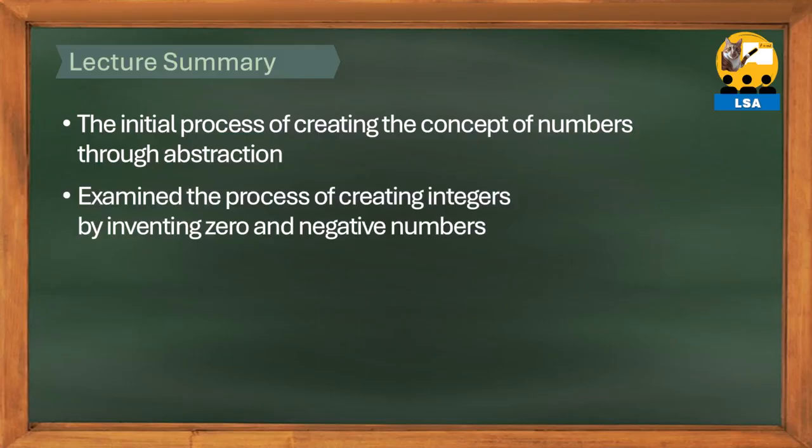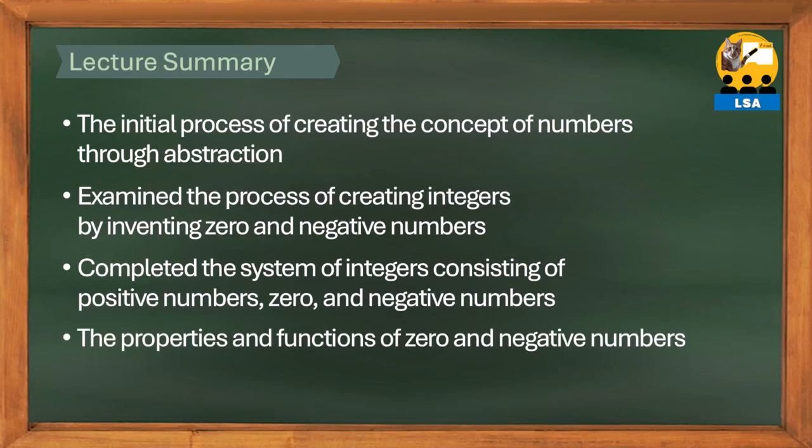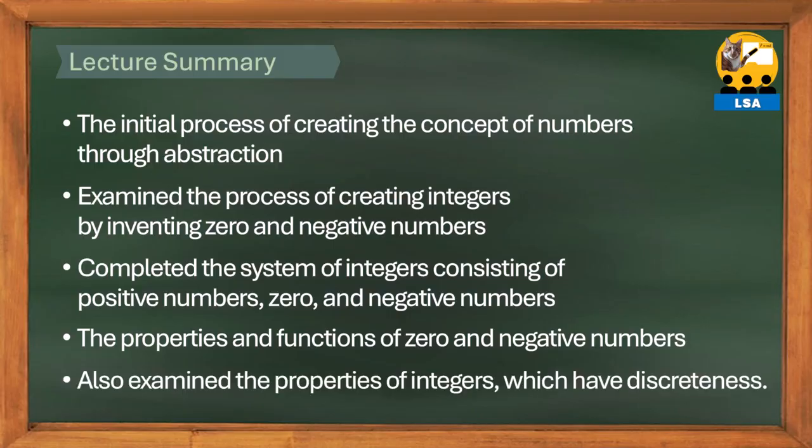We also completed the system of integers consisting of positive numbers, 0, and negative numbers, and examined the properties and functions possessed by 0 and negative numbers. Furthermore, we looked into the fact that integers have discreteness rather than continuity.